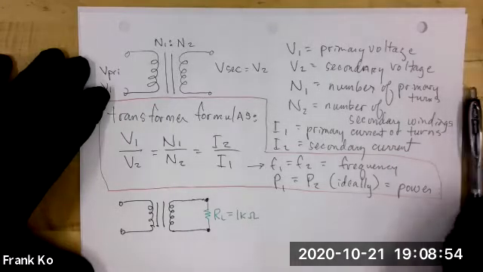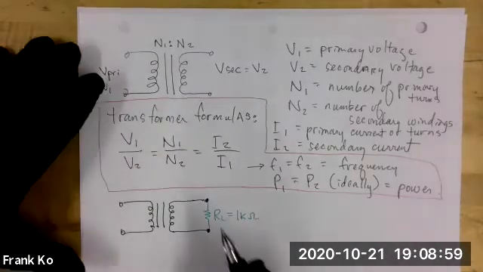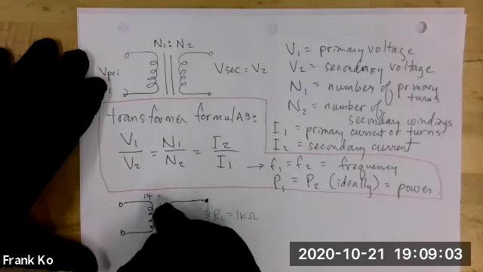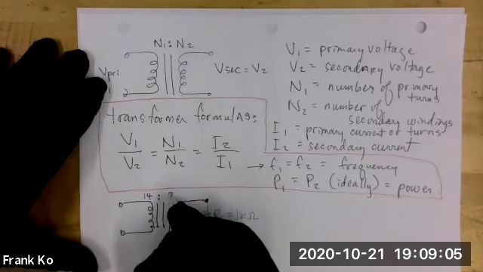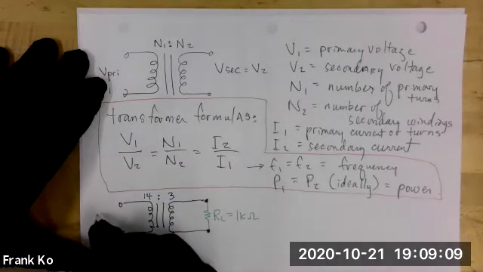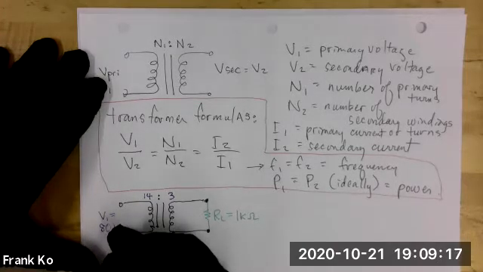And let us say for a moment that I happen to have a turns ratio of 14:3, and I happen to have V1 equal to 80 V AC.